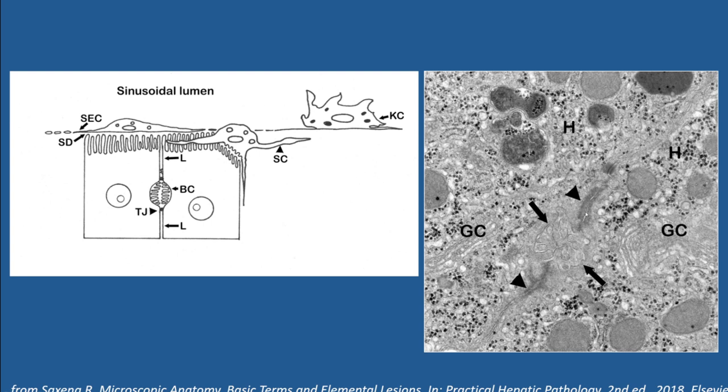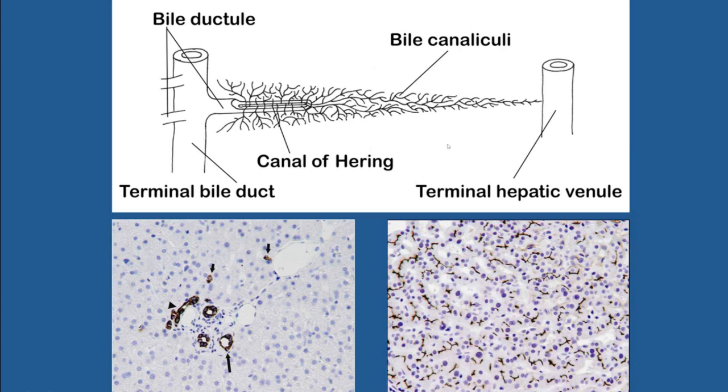So the bile canaliculi are sealed off by these tight junctions. Now, the bile canaliculi form a network that looks like a chicken wire appearance, drains into these structures called the canals of Hering, and then into the little interlobular bile ducts.